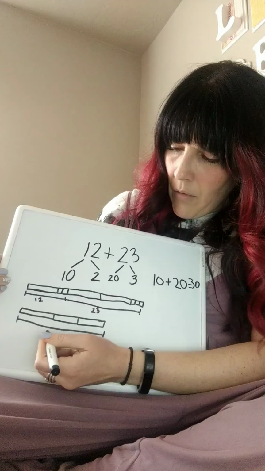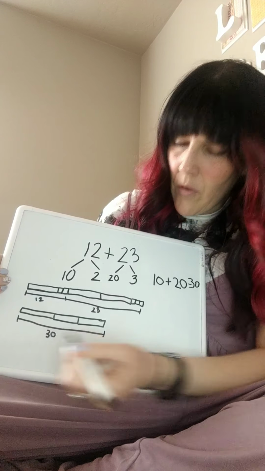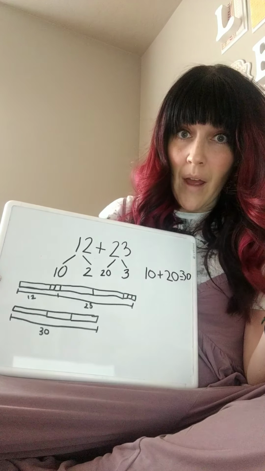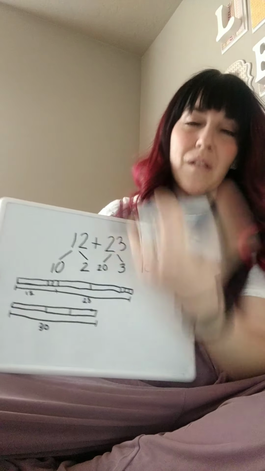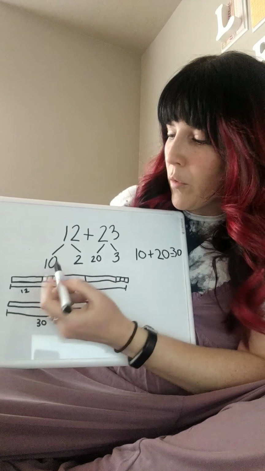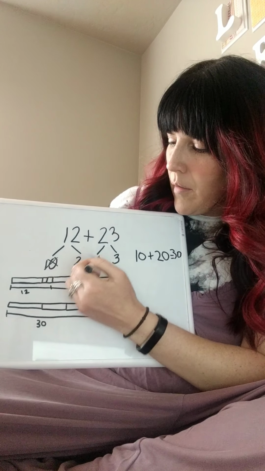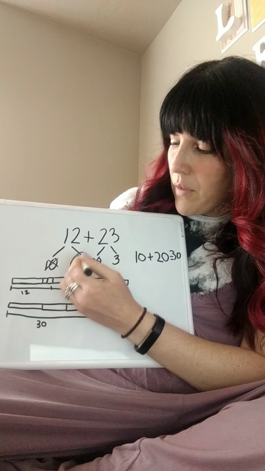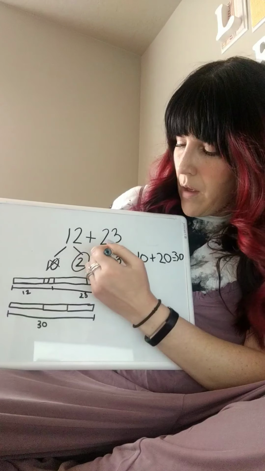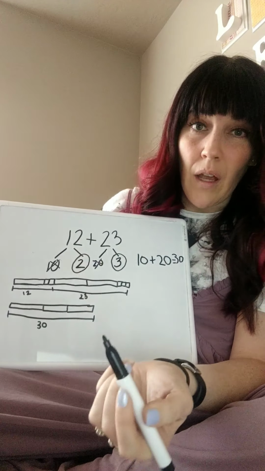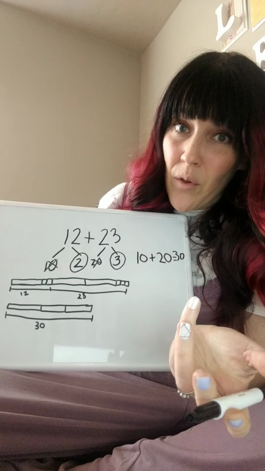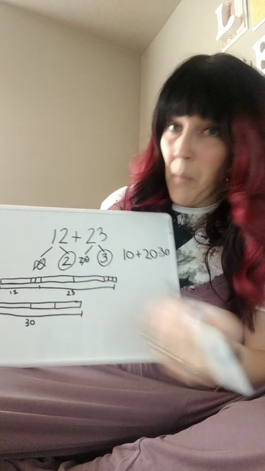So wait a second. If I've combined my 10s, what do I do next? I have to take what's left over. And what's left over, boys and girls, since we've used the 10s, I have these 1s. I have the 2 from 12, and I have the 3 from 23. And all I have to do is add those two numbers together now. So now I'm going to combine my 1s.